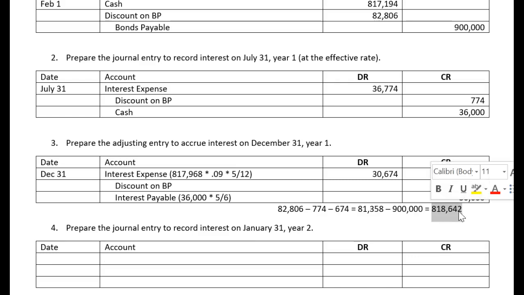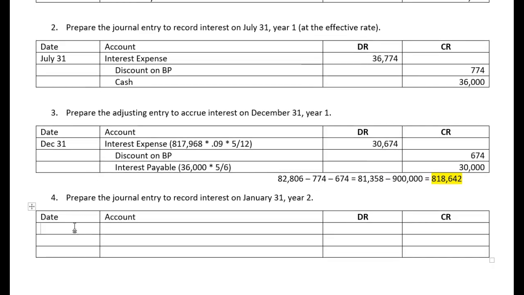So it's very important that we make sure we update this discount at the end of the period so that we properly reflect the carry value, what the actual debt or the liability at that moment in time is on our bond. Okay, so that's the reason we have to do this, to make sure that we show that reflected at the proper value on our balance sheet.